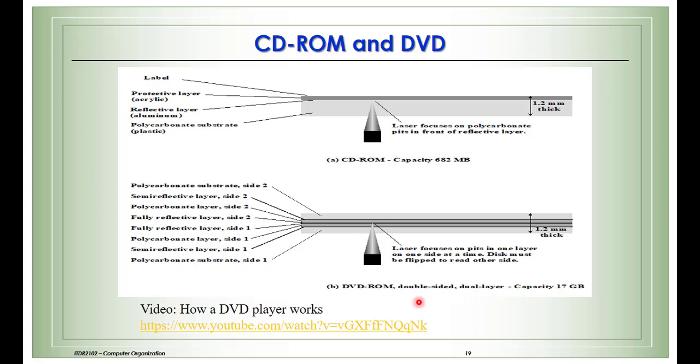The CD-ROM and DVD-ROM look the same from outside, but from inside they are made in different ways. For example, the CD-ROM has one layer that we can read and write the data on, whereas the DVD has many layers and many sides. This is why the DVD can store more capacity, 17 gigabytes, but the CD is less than 700 megabytes.